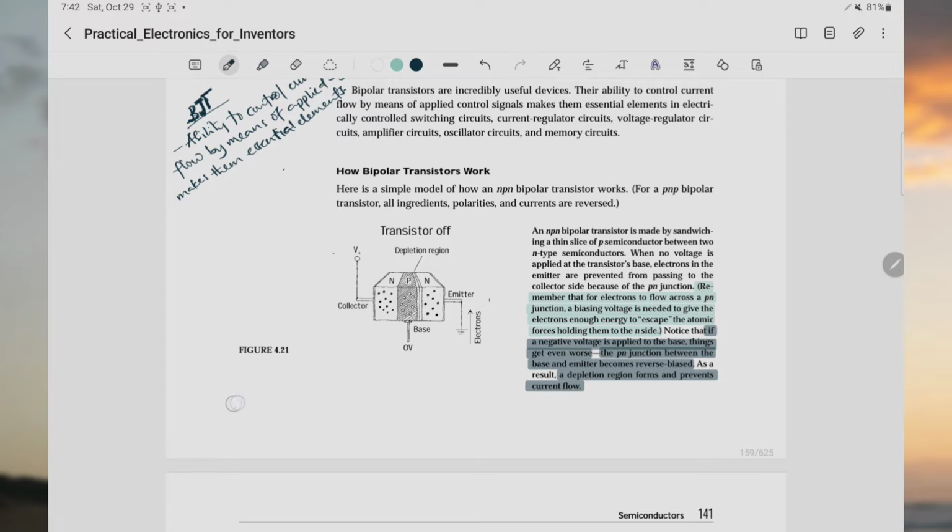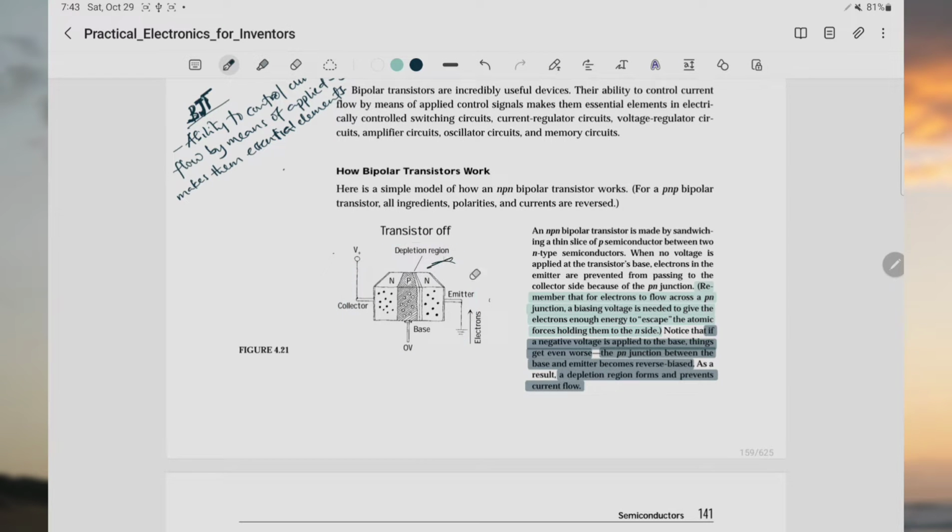So when we have our transistor with zero voltage at the base, remember our base is the control input terminal, that means we're not biasing our bipolar junction transistor, and so the electrons here won't be able to get enough energy to cross this side. Since that isn't possible, nothing happens in our PN junction.